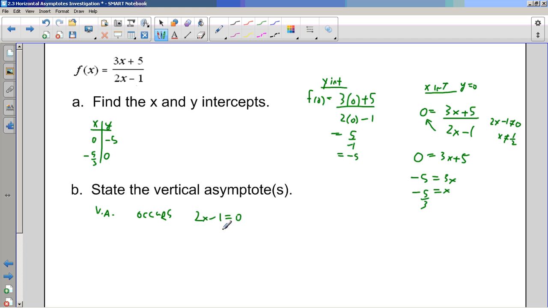And we solved this up here already, x equals a half. But this wasn't one of those cases where the factors canceled, so the bottom, when it's equal to 0, gives me a vertical asymptote at x equals a half. That's the equation of that vertical line. Dandy. Next.